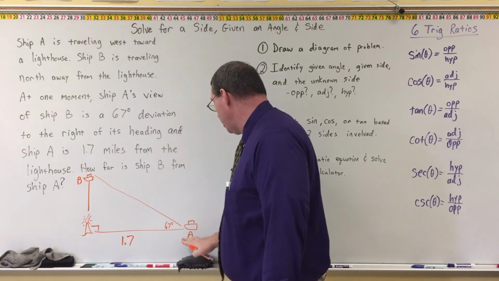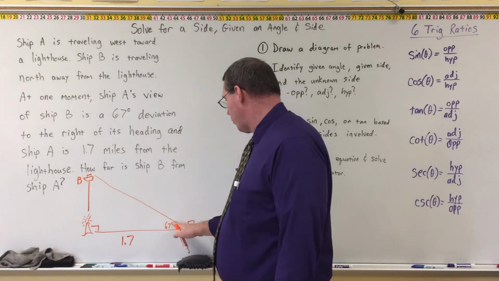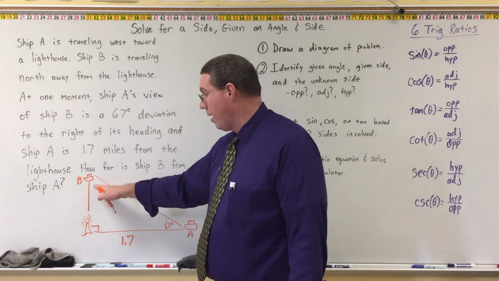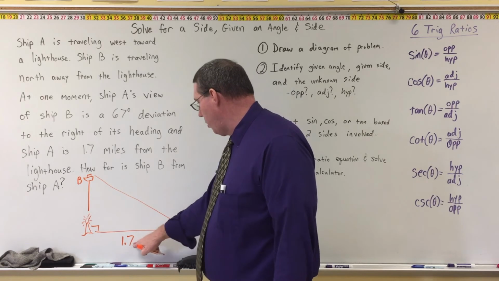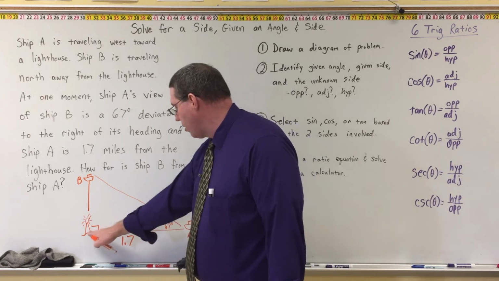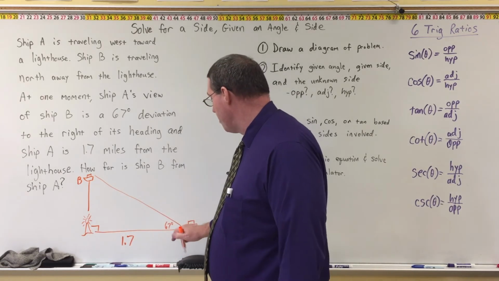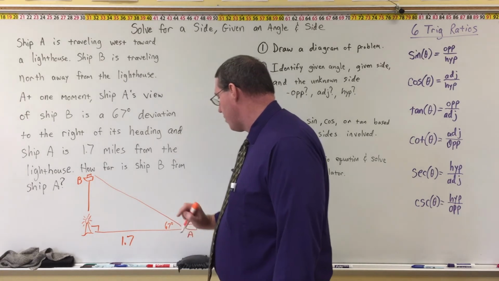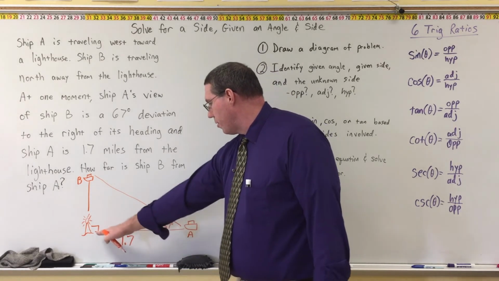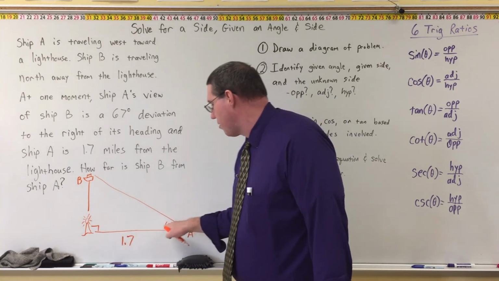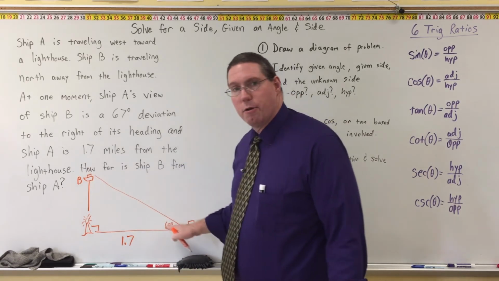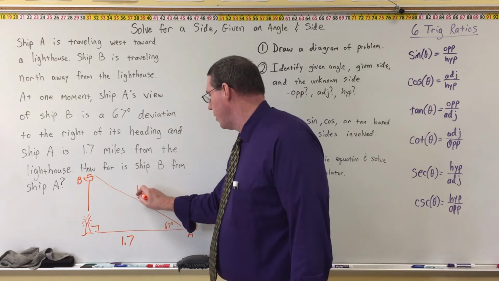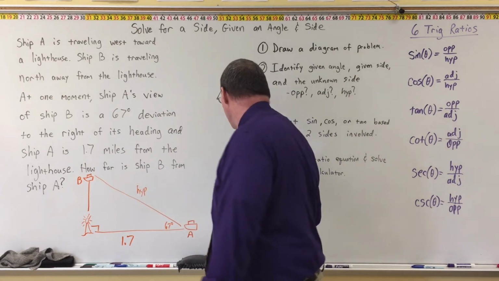Well, the distance between ship A and ship B is this straight line right here. That's a hypotenuse, right? So we are dealing with a hypotenuse, and then we're also dealing with, well, what is this side, this 1.7, which is what we're given, relative to the angle measure of 67 degrees. Well, this 1.7 is adjacent to the 67 degrees. So we have an adjacent and we have a hypotenuse is what we're solving for, right? So HYP.